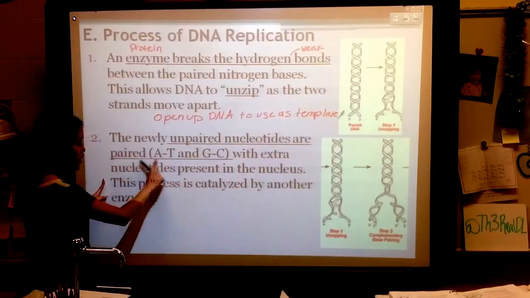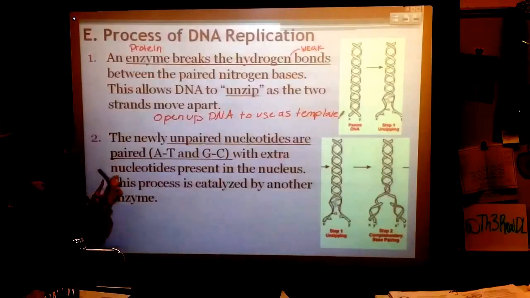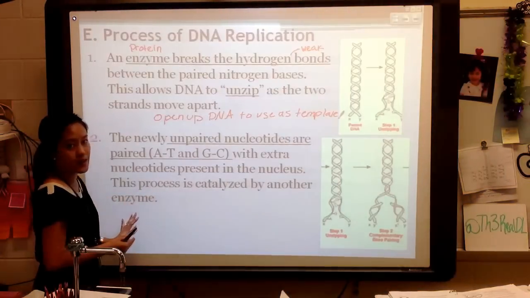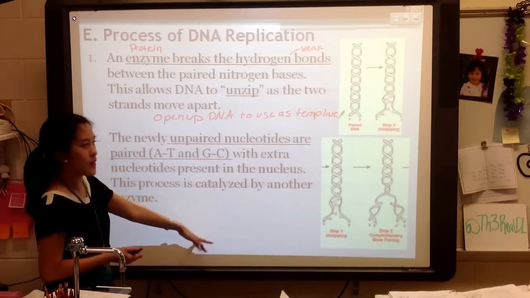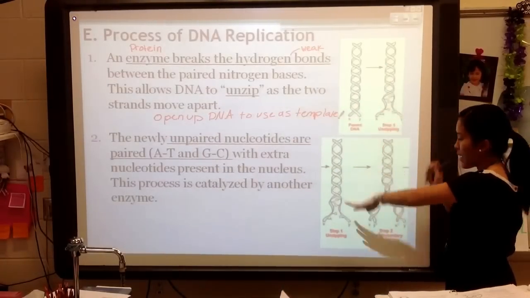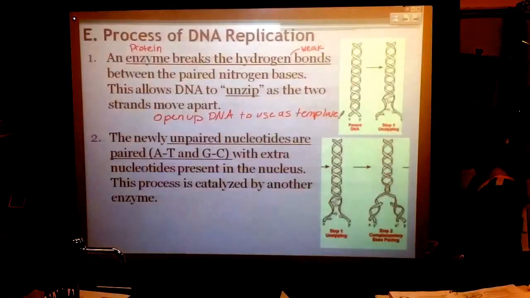So you have some extra nucleotides that your body has stored, and those will actually bond up. This process is catalyzed by another enzyme. So during all of these steps, you have enzymes that are breaking this apart, enzymes that are unwinding it, enzymes that are putting them back in.